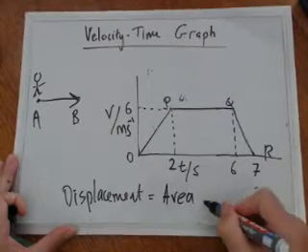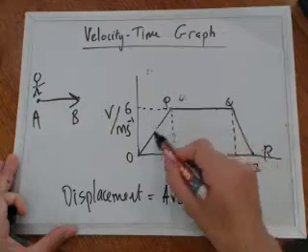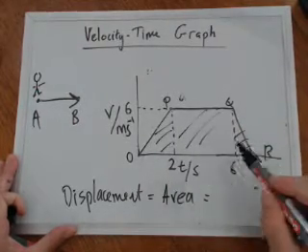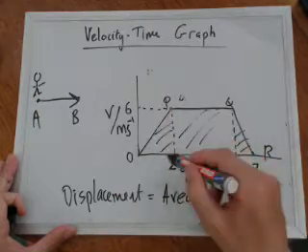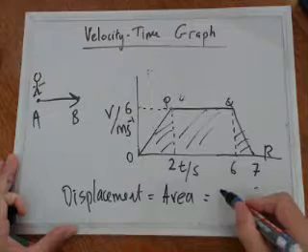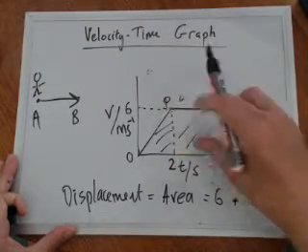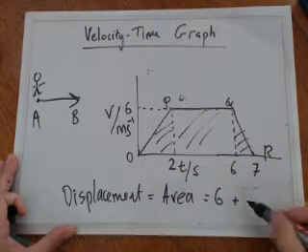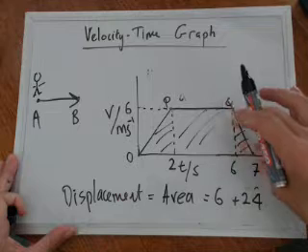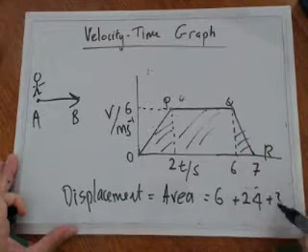And in this case here, we've got a triangle, rectangle, triangle. So the area of that will be half base times the height, so that's 2 times 6 divided by 2, so that's 6, plus, this is 6 there, times 4, plus 24, and here we've got 6 times 1 divided by 2, so that's plus 3.